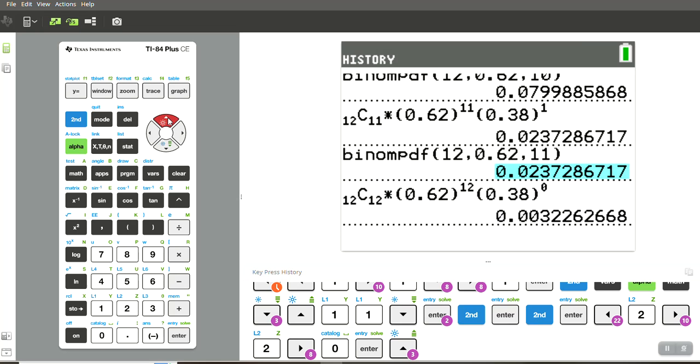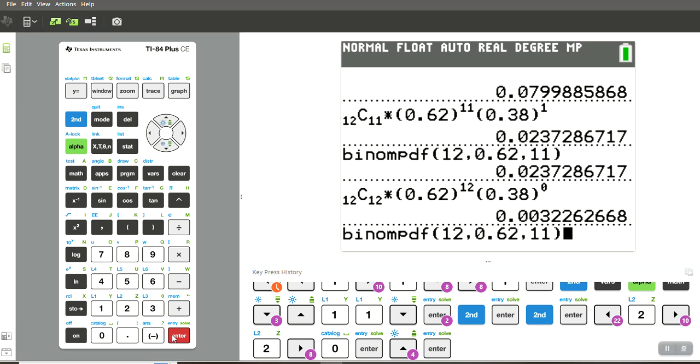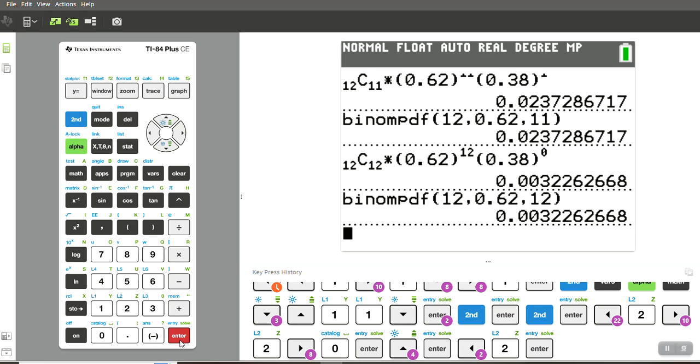Notice if I scroll up and paste the nested command and change that 11 to 12, I'll also get the same value. So now if I add up all 4 of those different probabilities, I'll find the probability of at least 9 of them using their smartphones during meetings or classes.